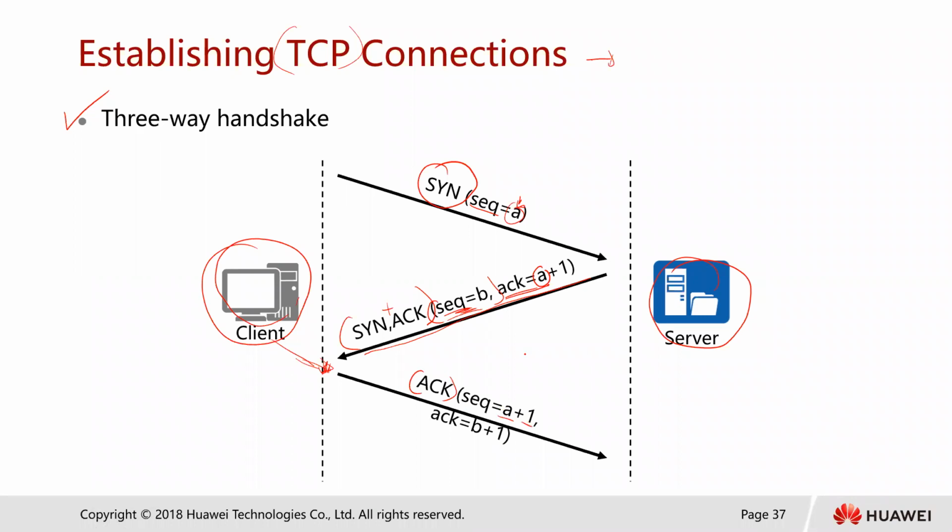It sets its sequence number plus 1, and the acknowledgement number will be the server's sequence number plus 1. After the server receives the ACK packet, a connection has been established according to the TCP three-way handshake.